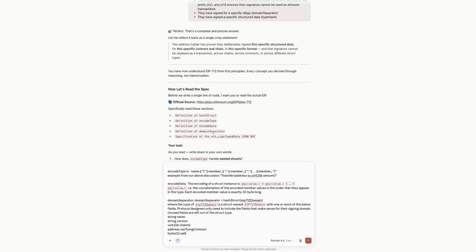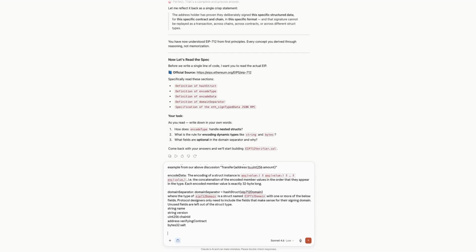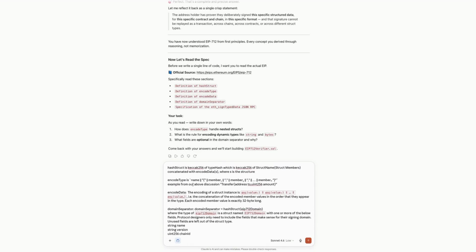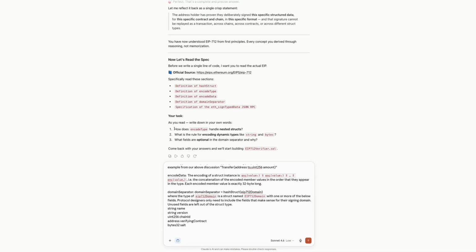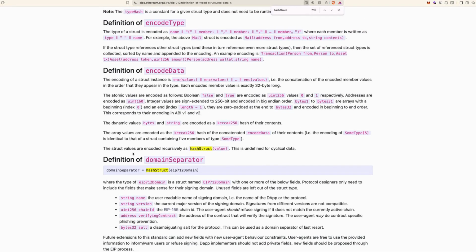Okay, as you read, write down in your own words, how does encodeType handle nested structs? The encodeType definition is recursive structs, I think it was given. Okay, this is encodeData.